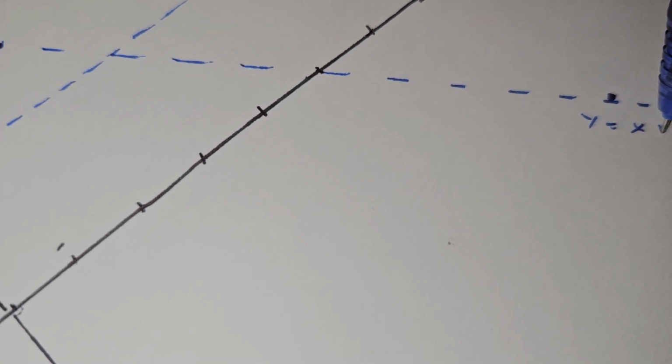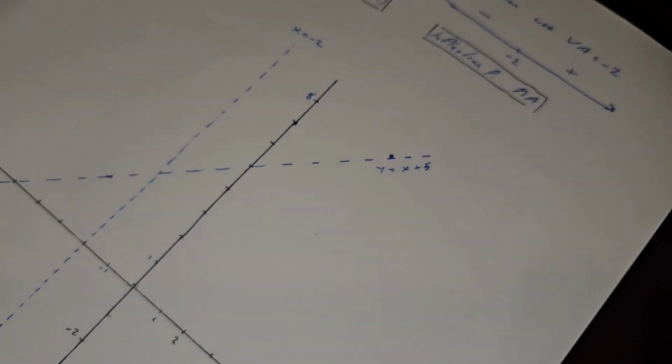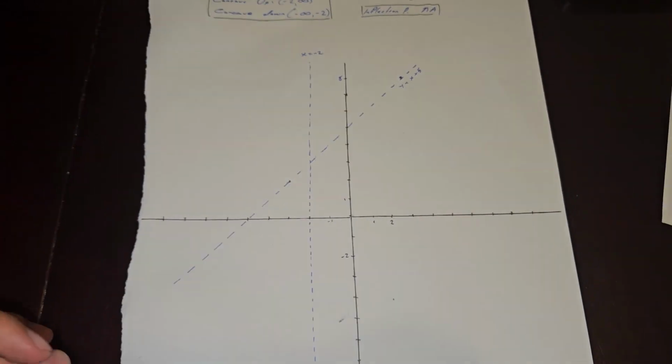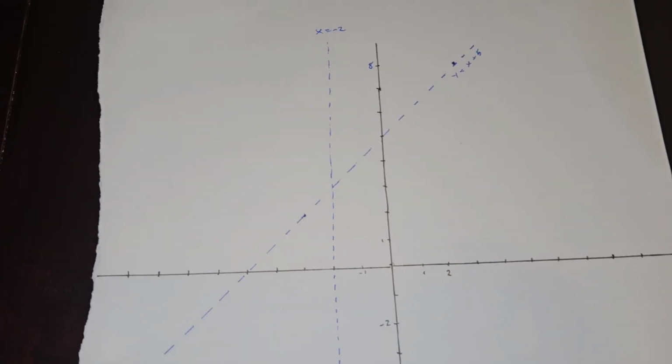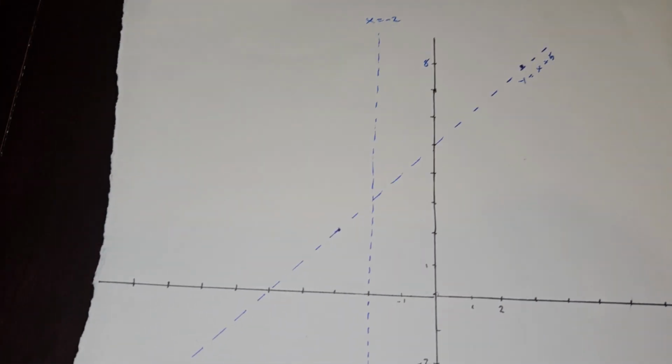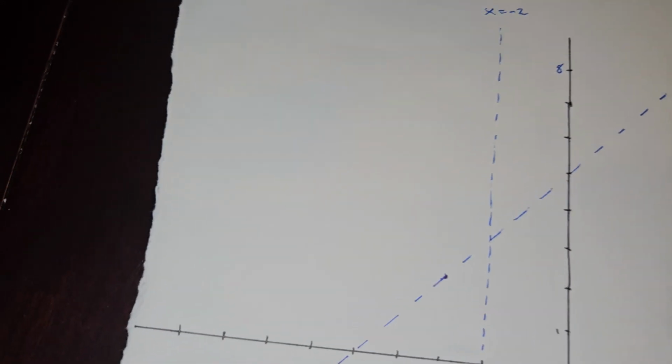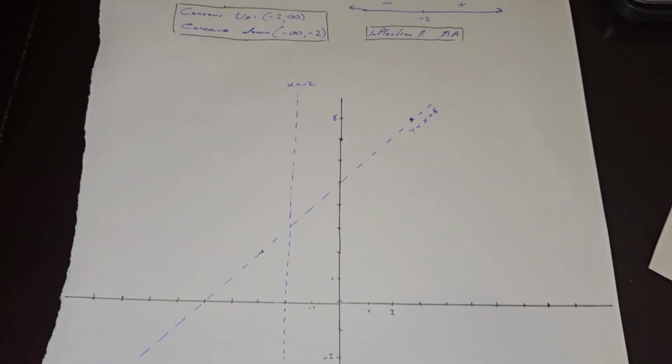Those are the equations for our asymptotes, the vertical and the oblique. There's no horizontal one here, so let's do some more plotting. Where's my red pen? Hold on a second.